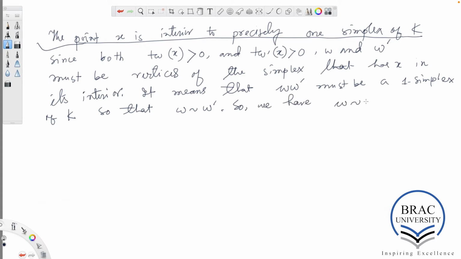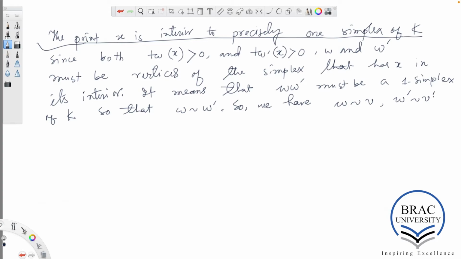Okay, so we have w being equivalent to v and w prime being equivalent to v prime, right? Because this is from a hypothesis.